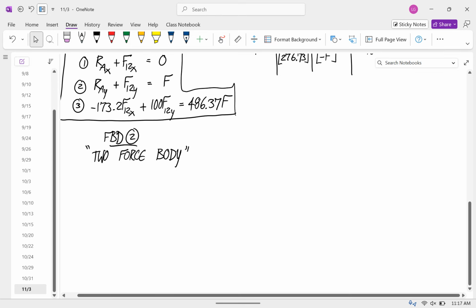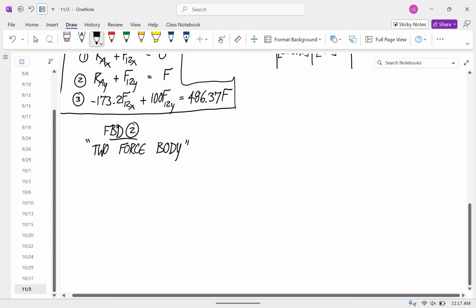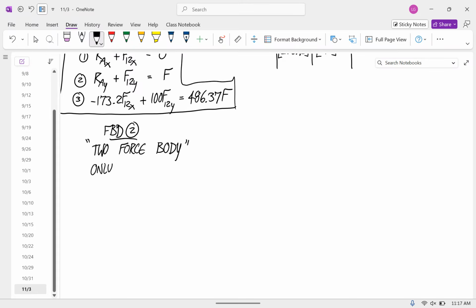A two-force body is something where the only loads acting are force vectors at two different locations.